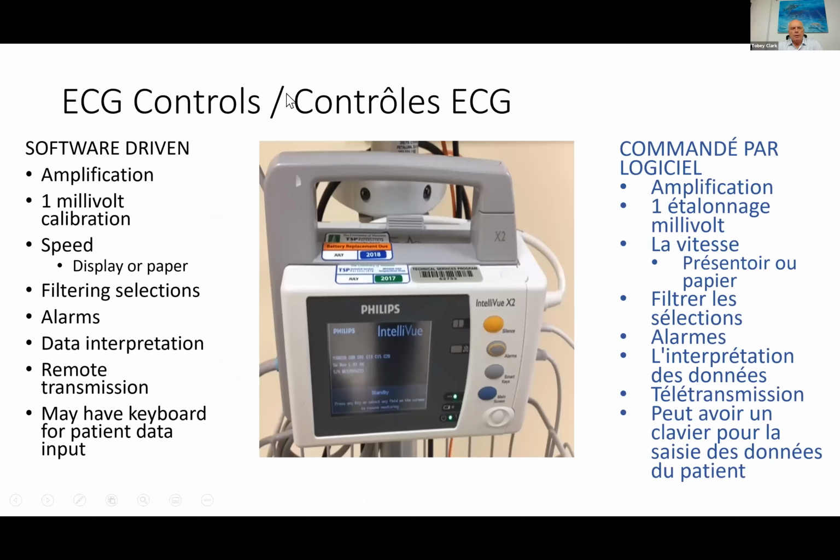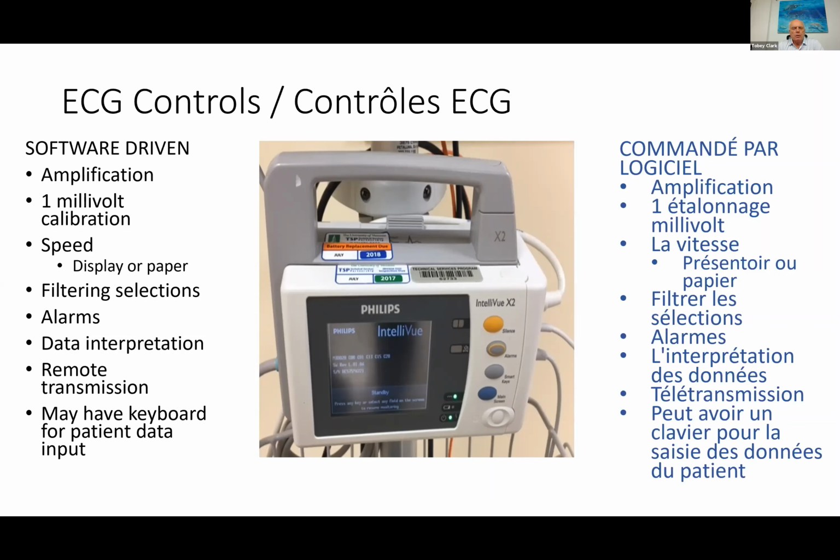So here's an example of a device that can provide electrocardiographic monitoring. First of all, you have amplification. The calibration signal is typically 1 millivolt, and the ECG is generally of the same magnitude. The speed of the paper is typically 25 millimeters per second.